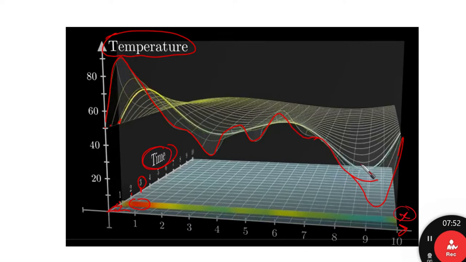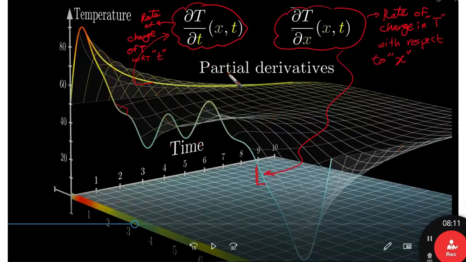So we found that the rate of change of this function in the time direction is this one here. Let's assume it like this, which is partial u partial t. I'm going to show it in the next slide. It will be better. Here, look here. So this is the rate of change with respect to time.